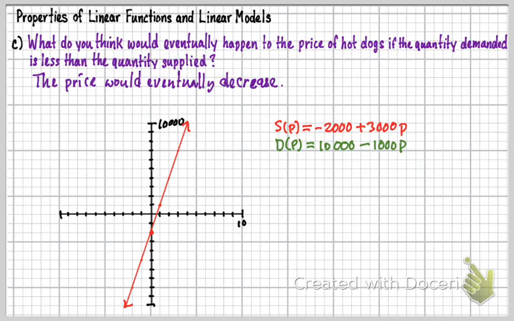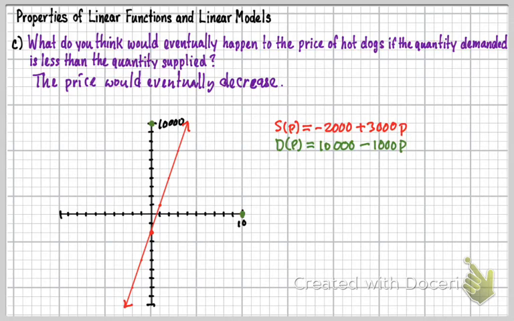The demand is going to be at 10,000 there, so that'll be up here. And if I plug in 10 for P, that's going to make it 0. So my other point is going to be over here. That's where my quantity demanded is 0. Let's be official.